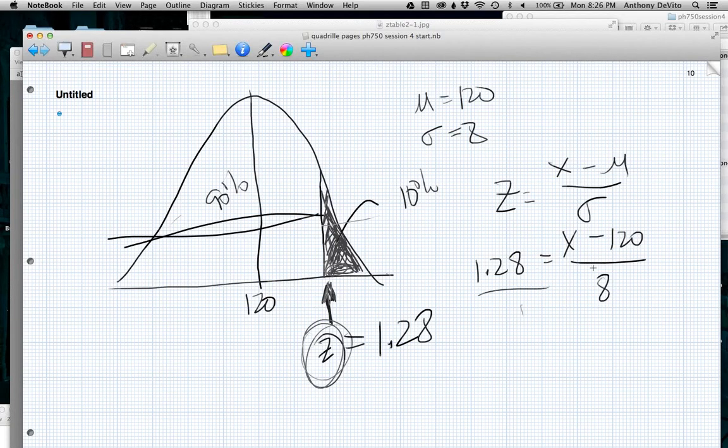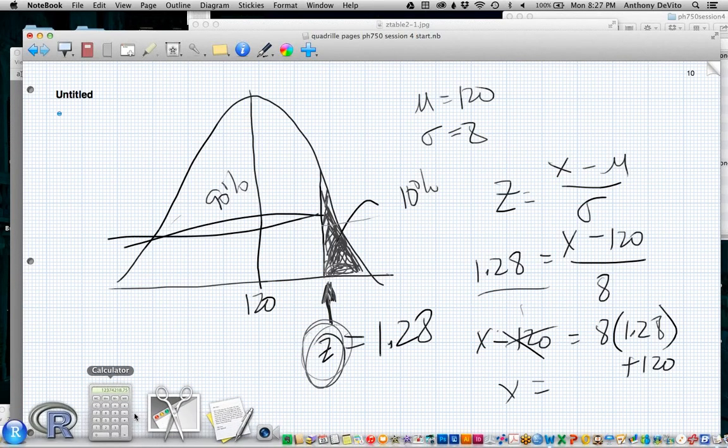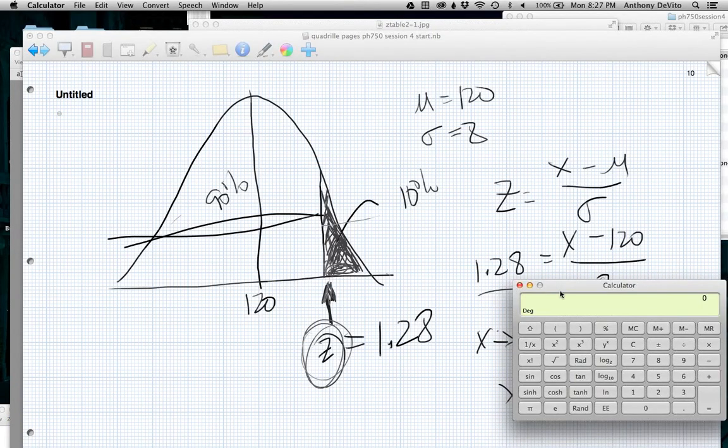So what does X turn out to be? Let's see. We can cross multiply, right? X minus 120 is equal to 8 times 1.28. I'm going to subtract 120 from here and add it to here. So what's X equal to? Anybody got a calculator? Do that quickly. Let's see.